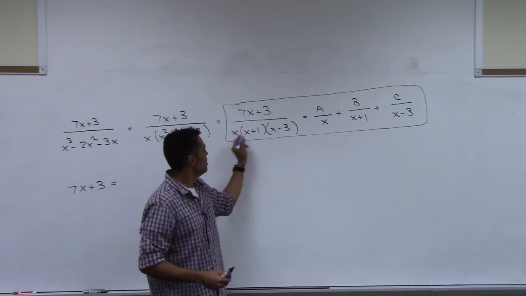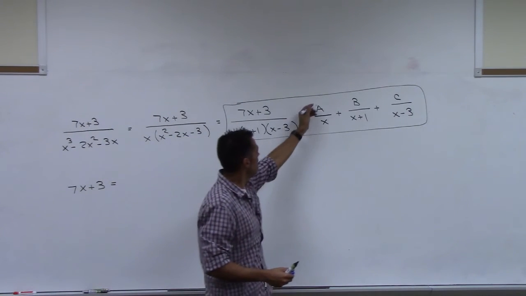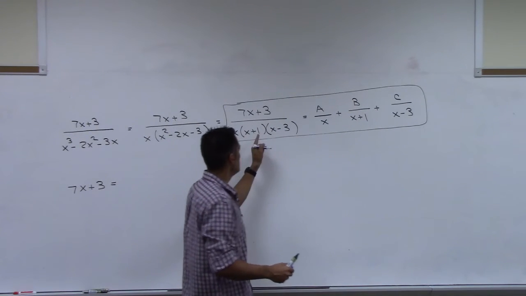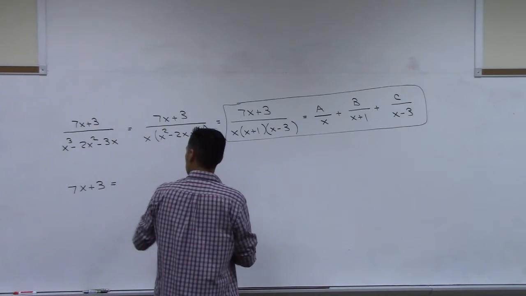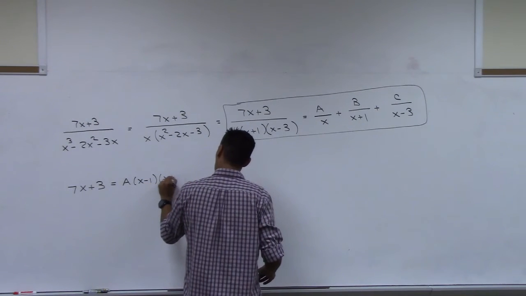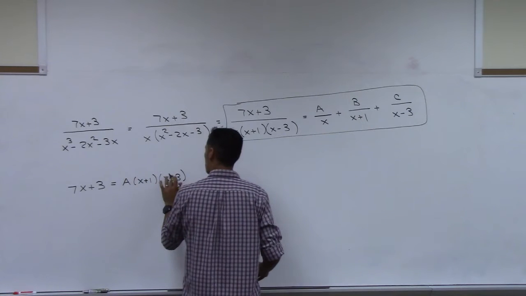So when I hit this side with this, it goes away. When I hit this term with this denominator, the x's cancel. I still have the x plus 1, the x minus 3, and the A. So A times x plus 1 times x minus 3. Oh, I got those wrong.